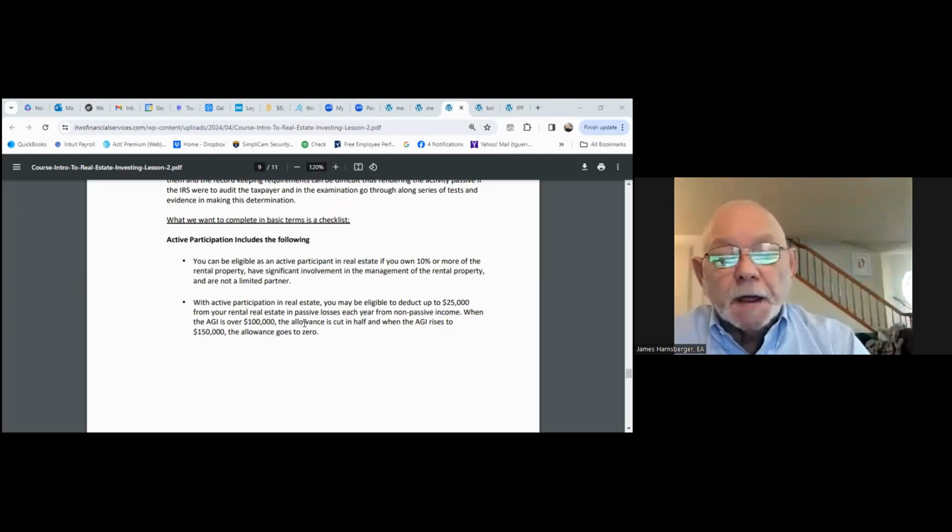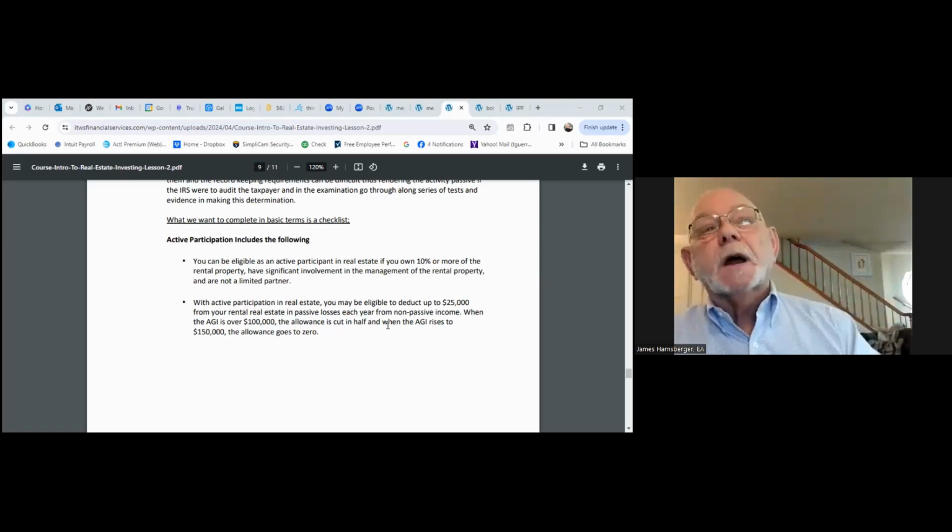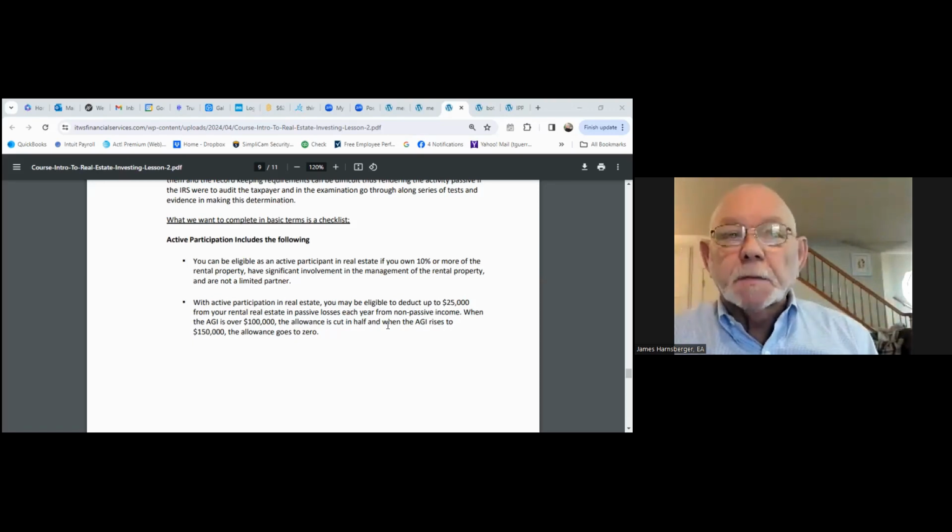The alternative, with active participation in real estate, is that you can be eligible to deduct up to $25,000 from your real estate passive losses. Beyond $25,000, you're limited. I don't particularly like that, so I want the active participation, but I want ordinary loss treatment.